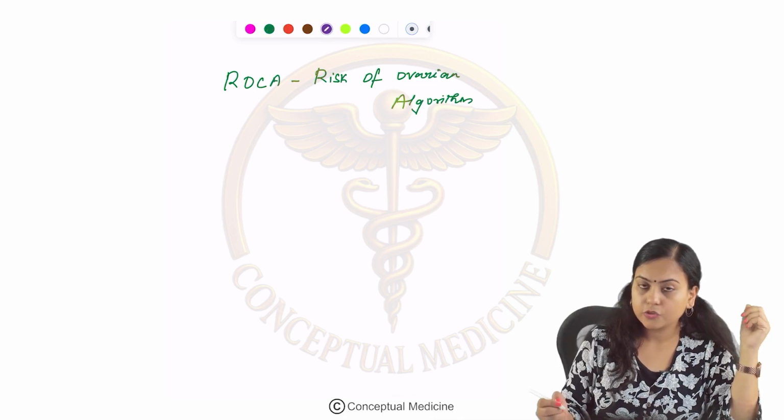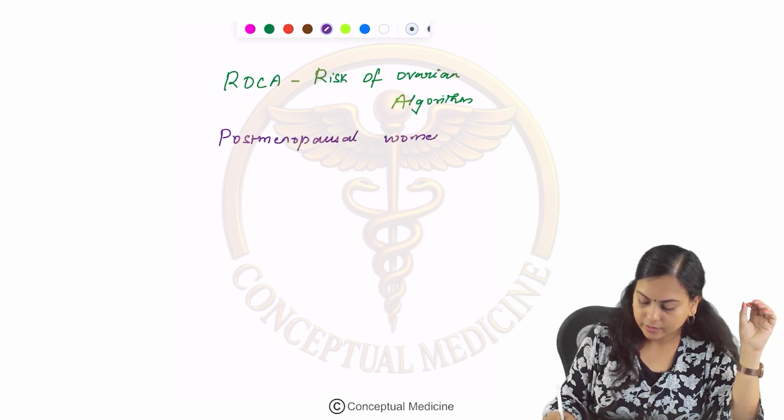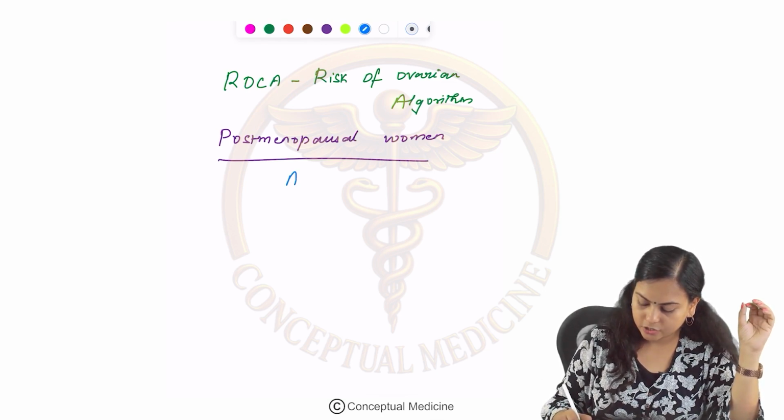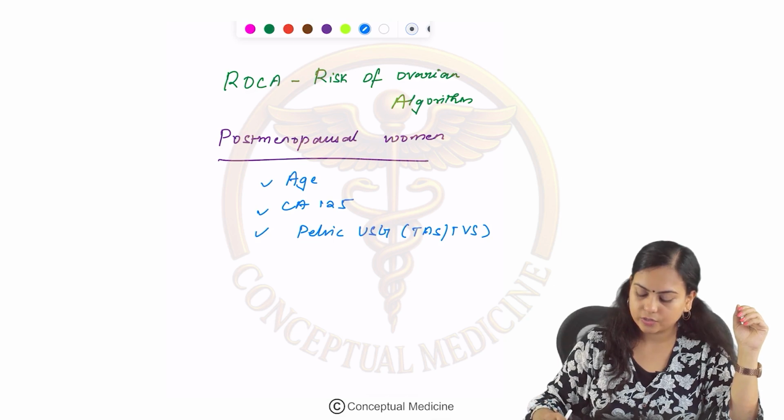Okay, so this is usually done in a case of postmenopausal women, where we will be using her age, CA125 values and pelvic USG. Either it can be a transabdominal scan or a transvaginal scan. These things can be used, right?